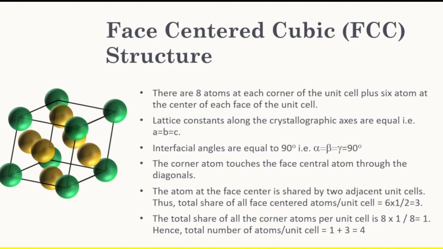Now here the corner atoms touch the face atoms, but do not touch the other corner atoms. Each face centered atom is shared by 2 unit cells. So total shared face centered atoms which belong to one cell will be 3, and the total corner atoms which belong to one unit cell will be 1. So the total number of atoms which belong to one cell will be 4.